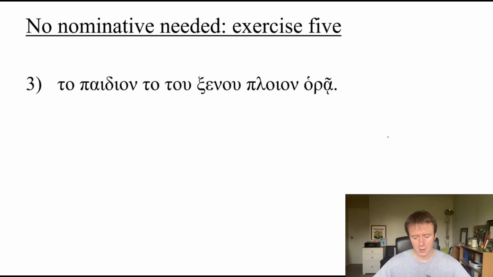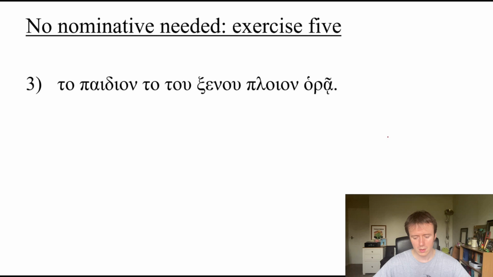On the reading I've just given, I have taken to, the second to, as going with ploion, rather than it being a repeated version of the first to. However, grammatically, it is possible for that second to be a repeated definite article, in which case ploion would just be missing a definite article, which is possible.